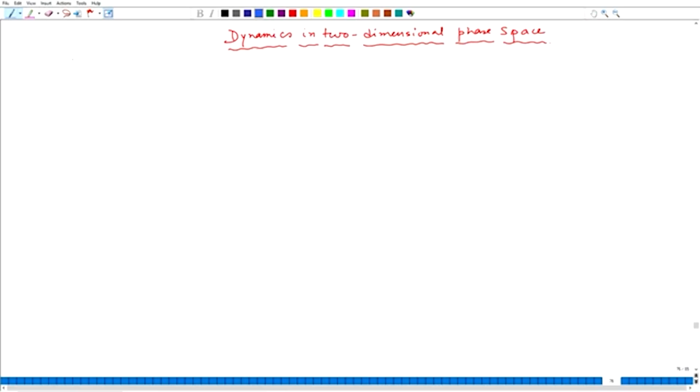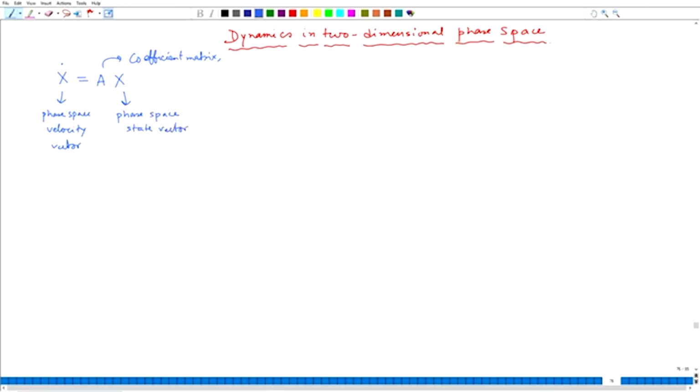So, in the previous lecture we have already showed that if you have a linearized system of equations in 2D phase space, which is given by x dot equal to Ax, where A is the coefficient matrix, and x dot is the phase space velocity vector and x is the phase space state vector.